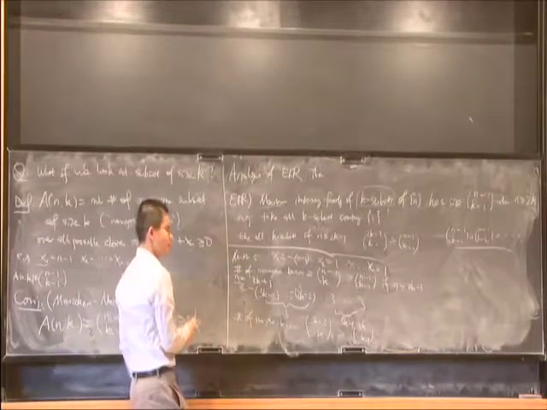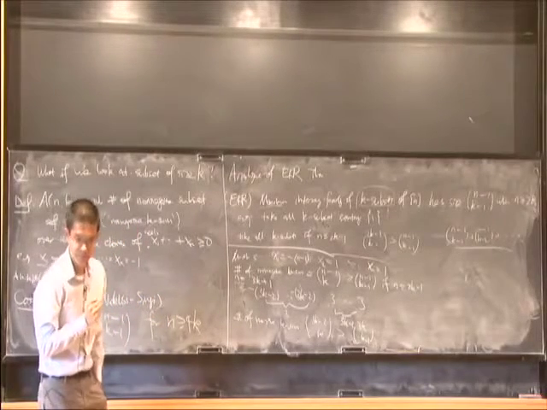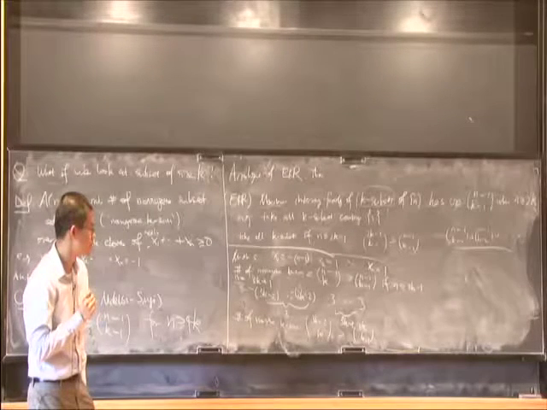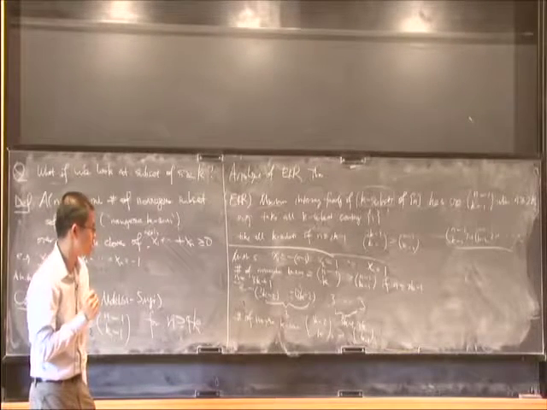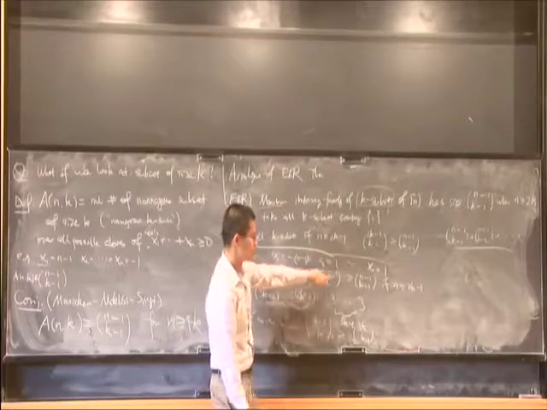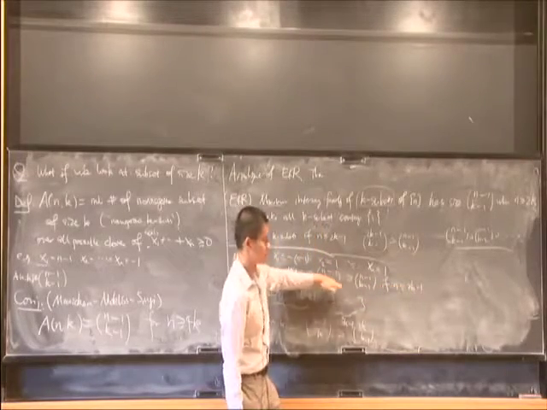And the fact that n is at most 2k minus 1, why did you use that? Which one? This one? Because I'm saying that if n is less than or equal to 2k minus 1, this example will do better.